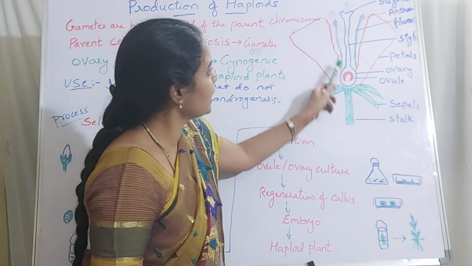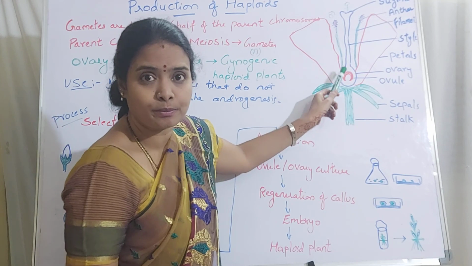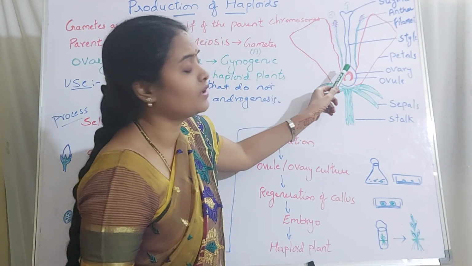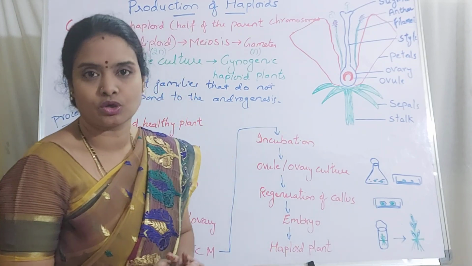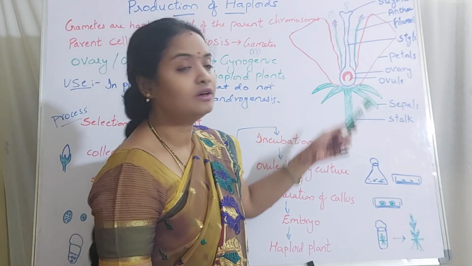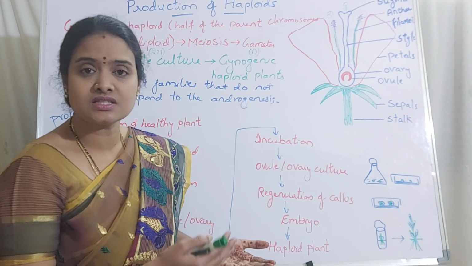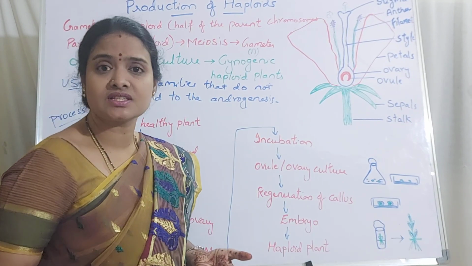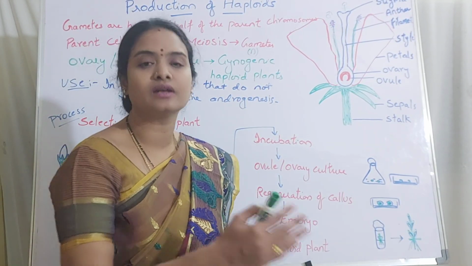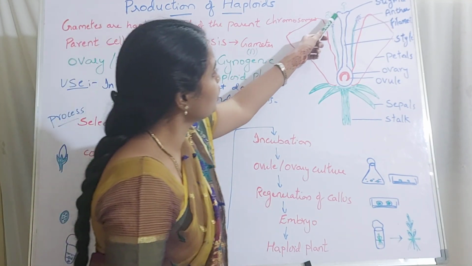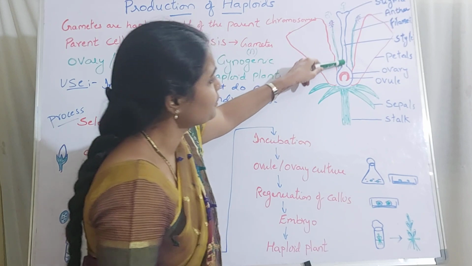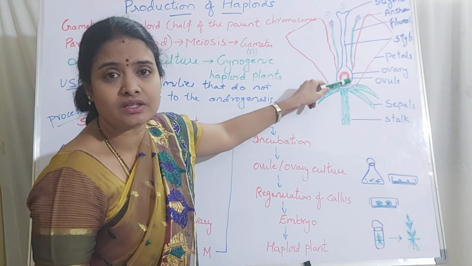Right? The male gamete and the female gametes are haploid. When they undergo fertilization, they result in formation of diploid embryo, which transforms into a fruit. Then the seeds which are present in the fruit are diploid and give rise to a diploid plantlet.